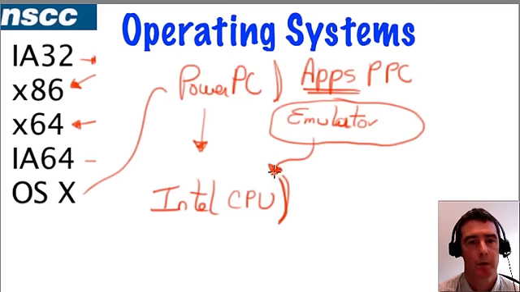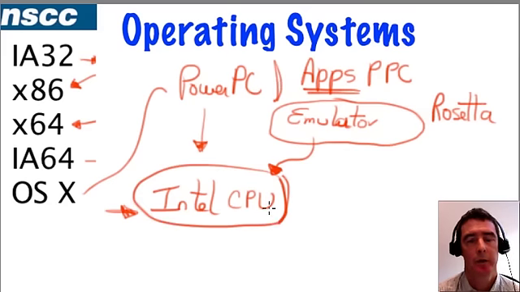Around the time of Leopard, the emulator was called Rosetta, and it allowed Apple to run its new operating system on an Intel CPU, but it provided backward compatibility with older PowerPC applications.